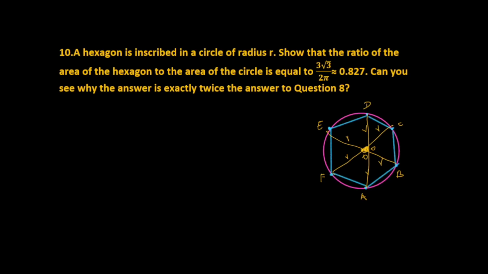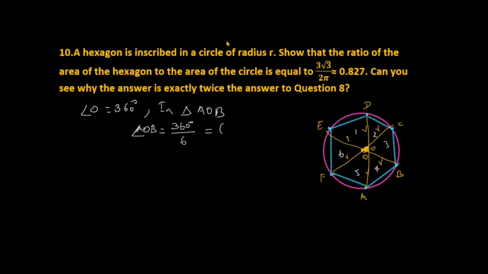Now the total angle at O is 360 degrees, which is divided into 1, 2, 3, 4, 5, 6 parts. So each angle in a triangle, say take a triangle AOB. In triangle AOB, angle O is nothing but angle AOB. Angle AOB is equal to 360 degrees divided by 6 parts.